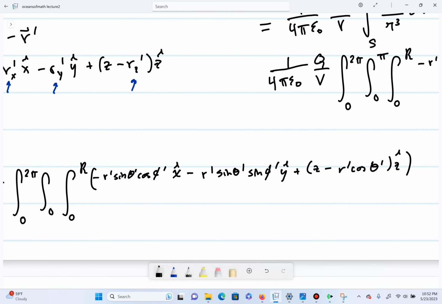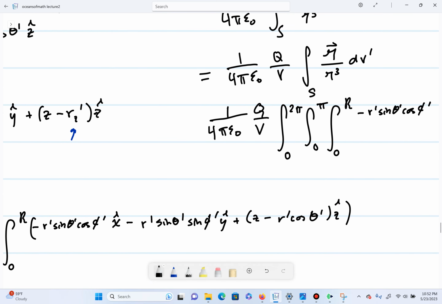It's going to be a lot, so let me grab some more space here. And this is our really gross expansion again of just this vector r.